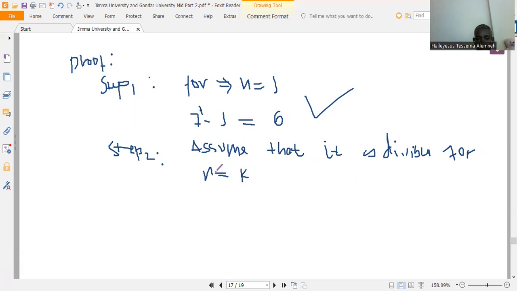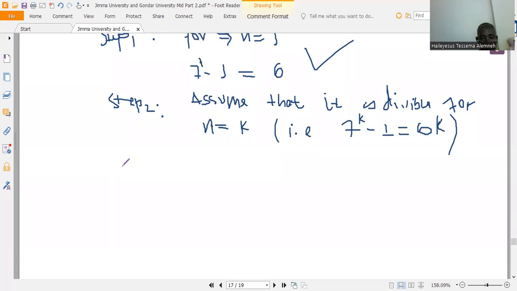Assume that it's divisible for the first n terms. That is, 7 the power of k minus 1 is divisible by 6. Assume that it's divisible by 6. We assume this one.